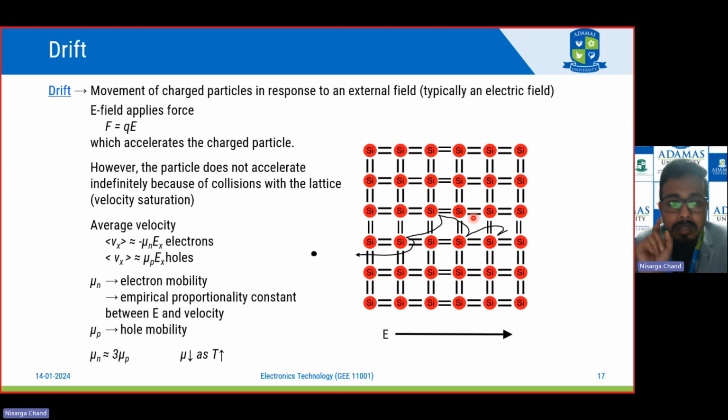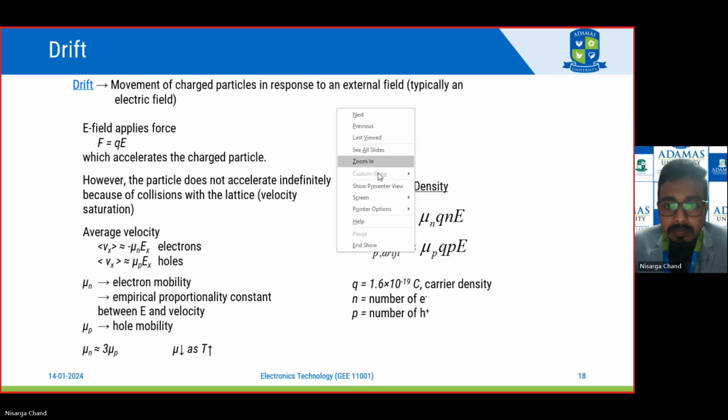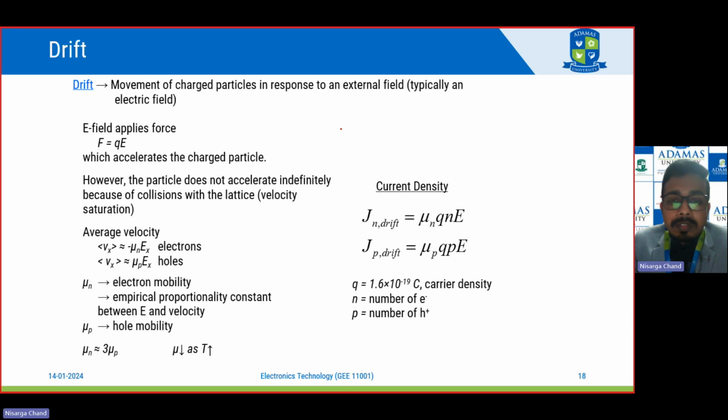That is called the movement of charged particles in response to an external field, the drift velocity. So as I mentioned, Vd is equal to mu n into E under an applied electric field.